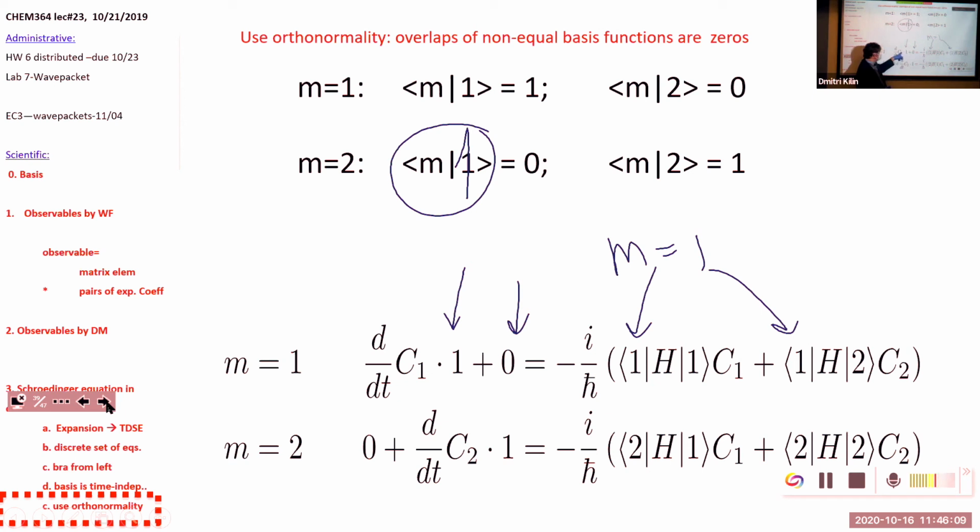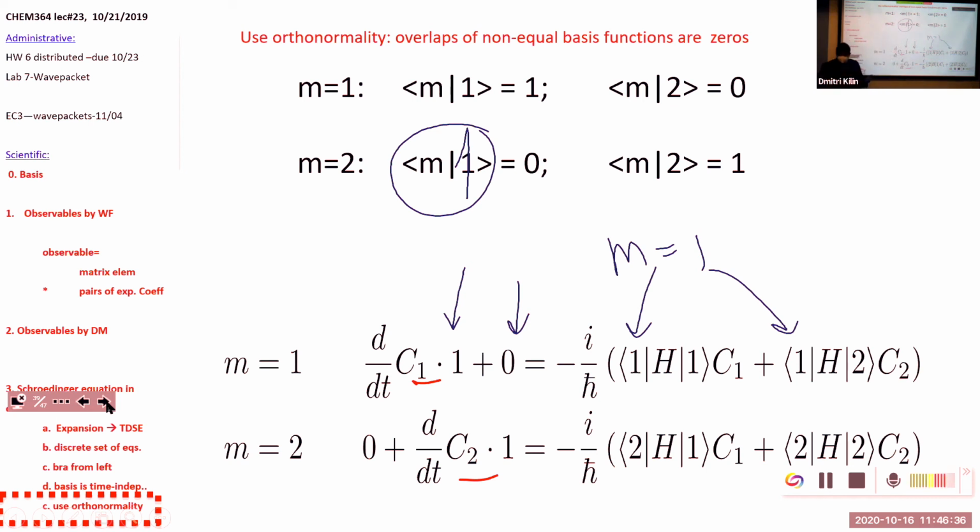Here it's the time dependence of expansion coefficient 1. Here is the time dependence of expansion coefficient 2. On the right, we do have the matrix element of the total energy operator between wave functions 1 and 1. Matrix elements of the total energy between 1 and 2.